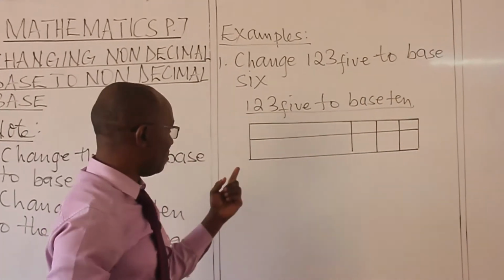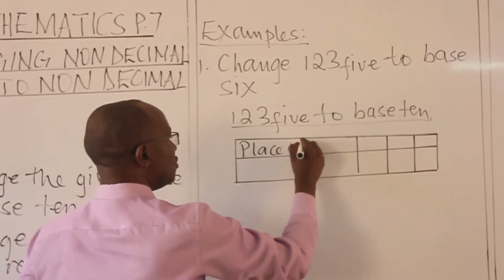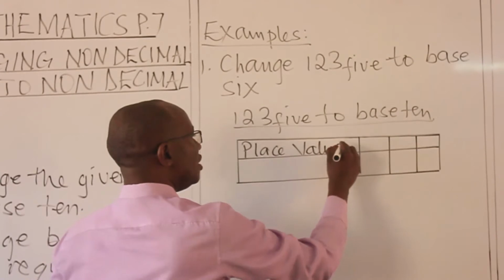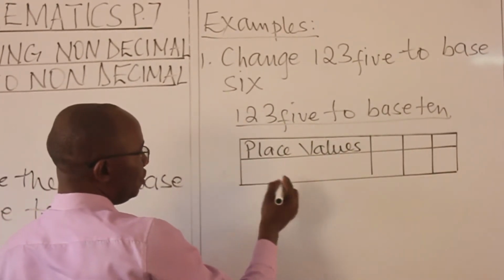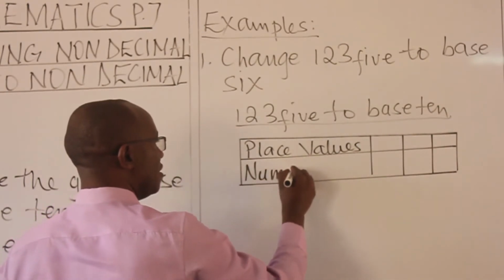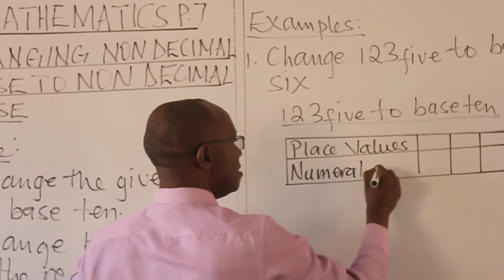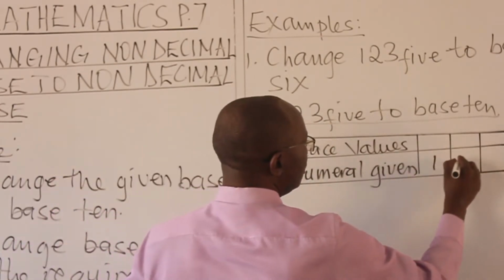Now we have place values, the place values of the digits. Then after that we go this way. I have the numeral given, and the numeral given is 1, 2, 3.